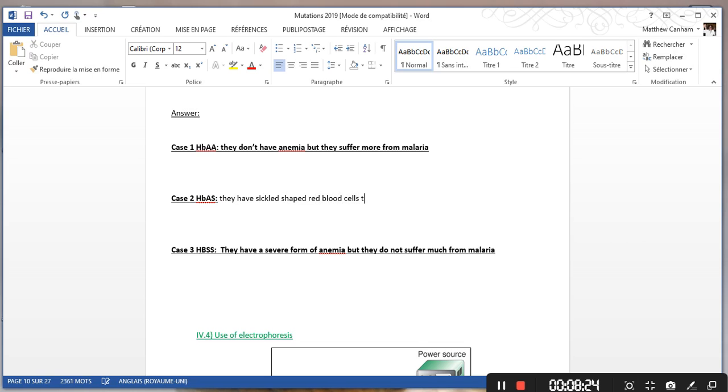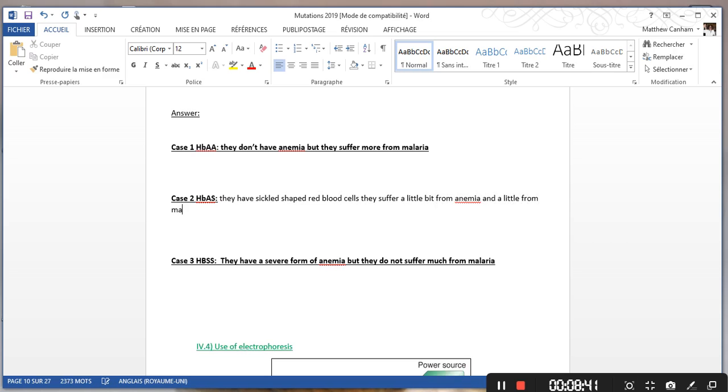So they suffer a little bit from anemia, and a little bit from malaria. So this intermediate phenotype is telling us that it's actually better to have a little bit of anemia rather than having severe malaria.